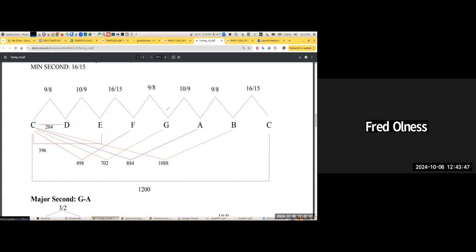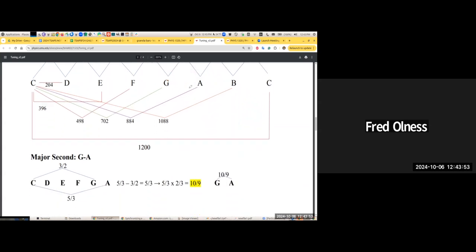For example, if you want to work out the G to A interval to show that it's 9-8, that's worked out here. One tip: there's a missing step, but to do that, they use the fact that C to G is a fifth, so that's a 3-2 relation. And where did this 5-3 come from? What they did was they used the fourth.